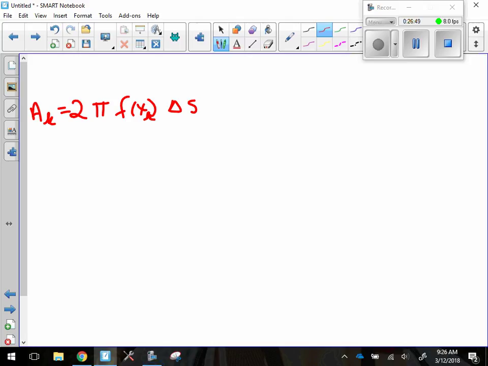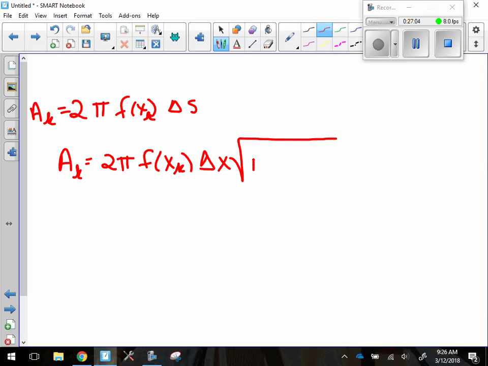Okay. So the area of the kth strip, 2 pi f of xk. Now I can substitute in that other thing for the delta s, which is delta x times the square root of 1 plus f prime, again, of xk squared.